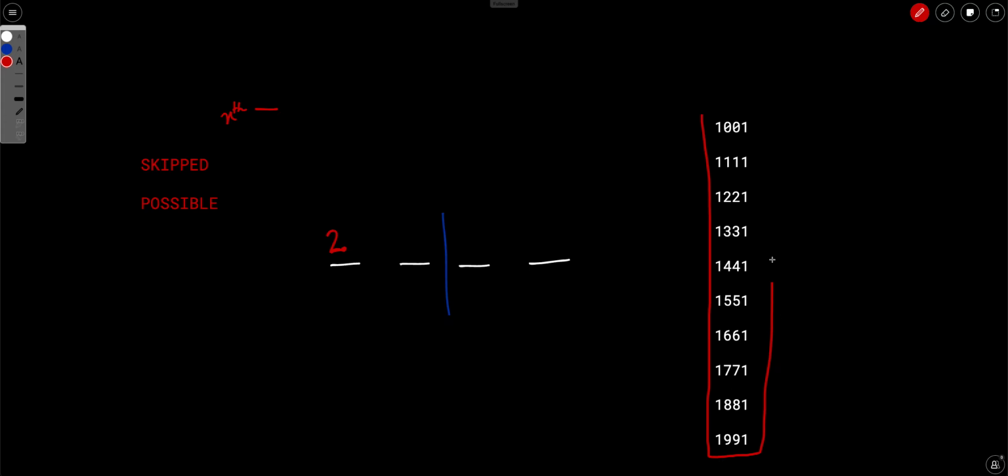So we have skipped all these 10 palindromes already, if we decided to put 2 here. Similarly, if we put 3 here, we have already skipped 20 palindromes. So if we put 3 here, we will get any palindrome from the 21st to 30th palindrome, right?